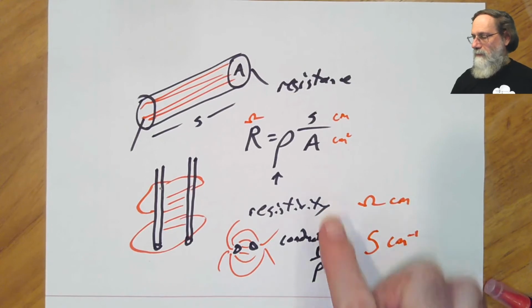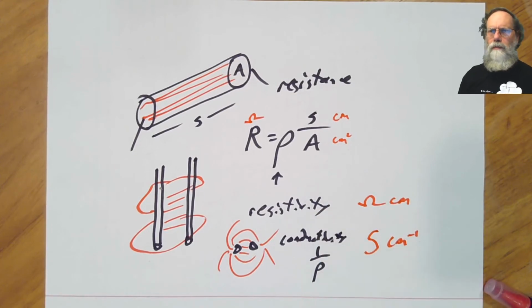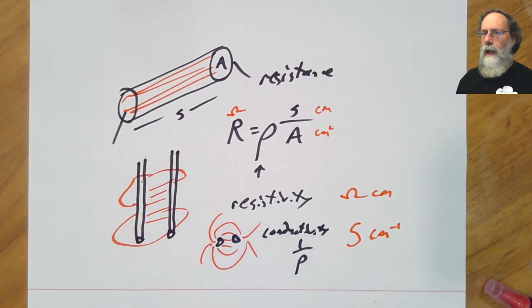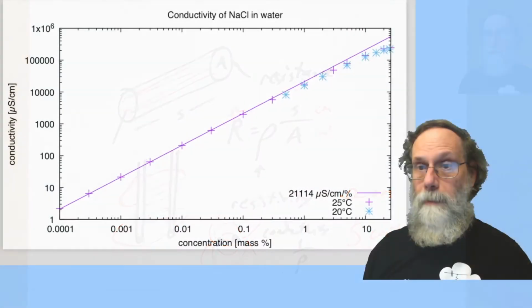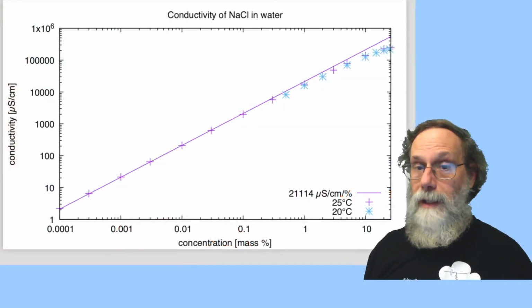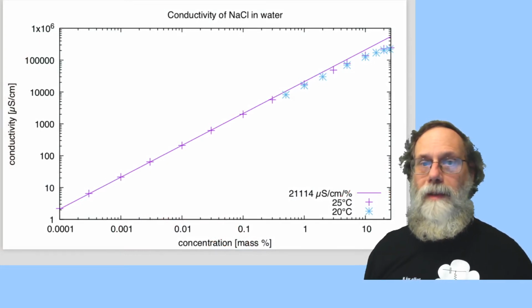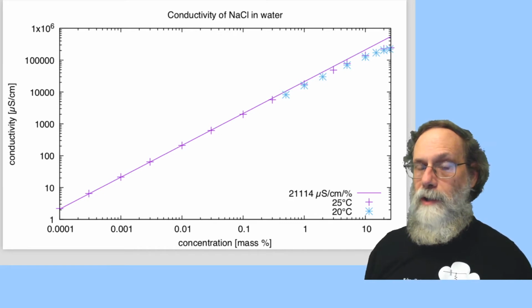Okay, so why do we use resistivity or conductivity? I mean, resistivity seems like it's a natural thing here because we're measuring resistance. Conductivity gets used because it is basically proportional to the number of ions in the solution. So going back to our plot here, we've got a straight line here that's basically just that the conductivity is proportional to the concentration.